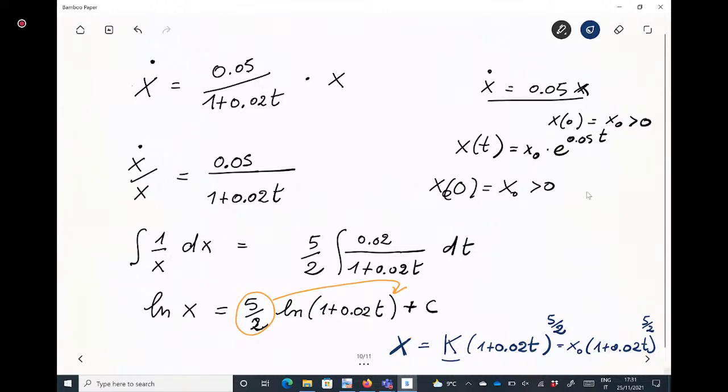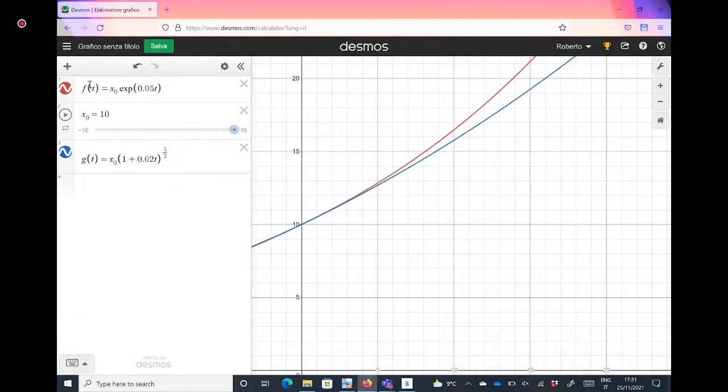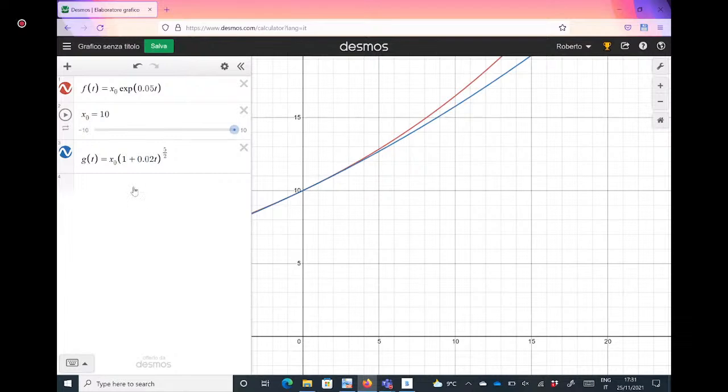But they look very similar to one another, at least for the first period, because for the first period both describe evolution with a growth rate which is very close to 5% per unit time. If you plot them, the constant growth model is the red one, while the solution to our model with the same x0, which is 10 in this example, is the blue one.